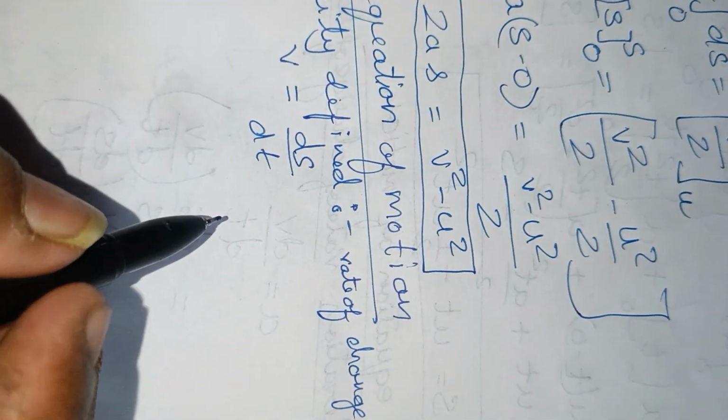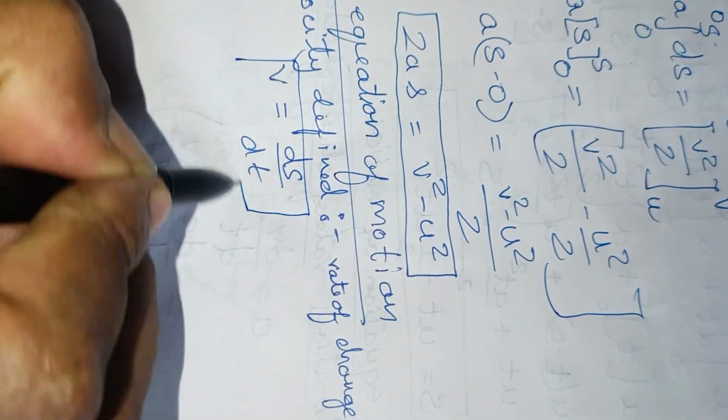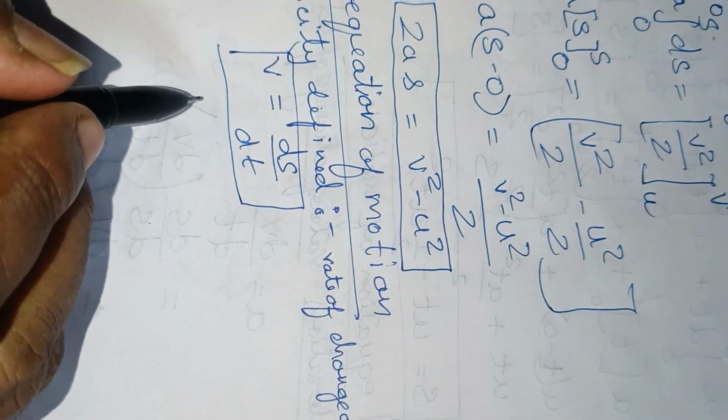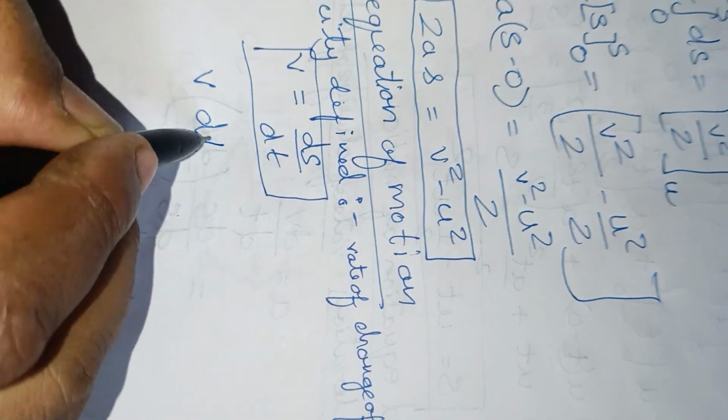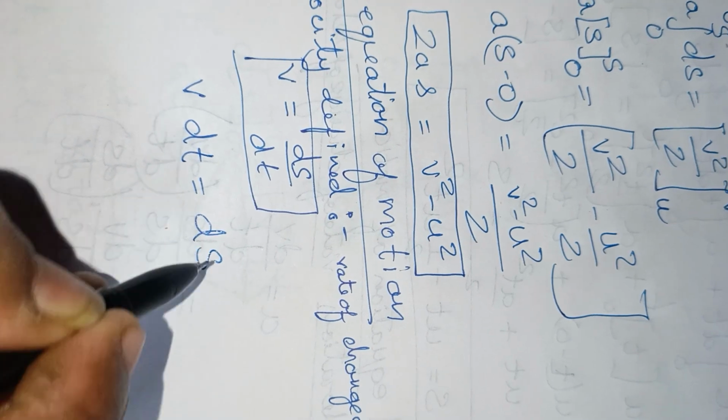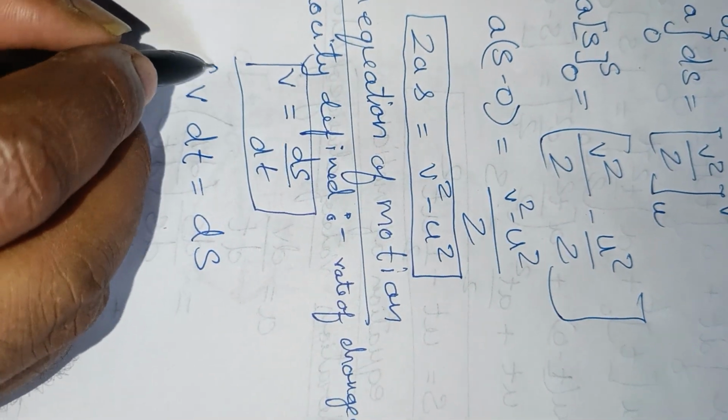So we can write the derivation as v equals ds by dt, and cross multiply to get v dt equals ds. Now we have to implement the integration.